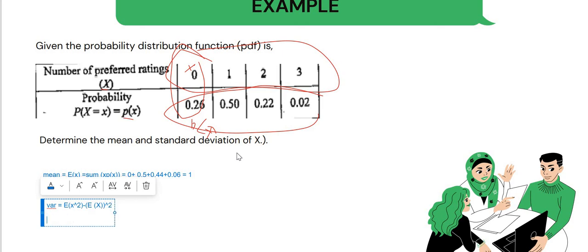Okay, class, right? What we need to find out first? Kalau ikutkan, you boleh tengok dia punya formula dalam notes tadi pun.